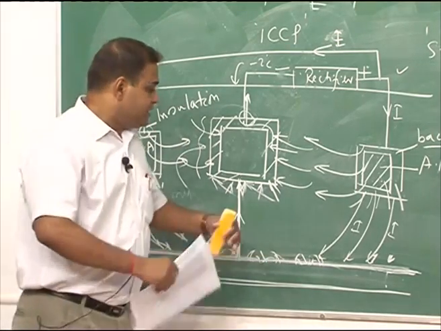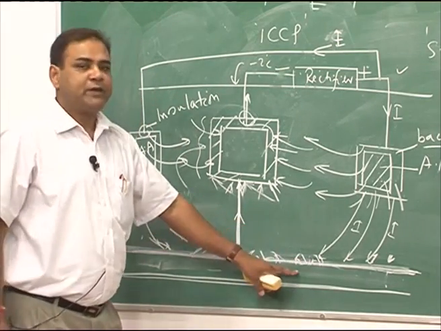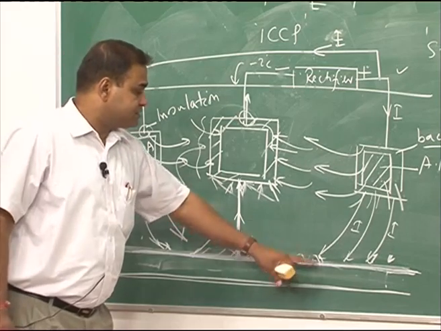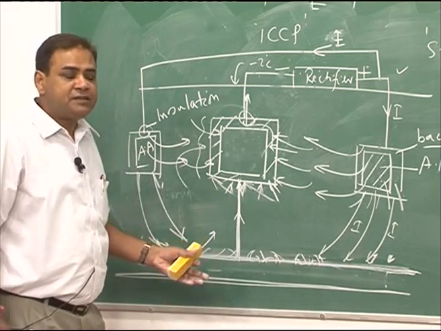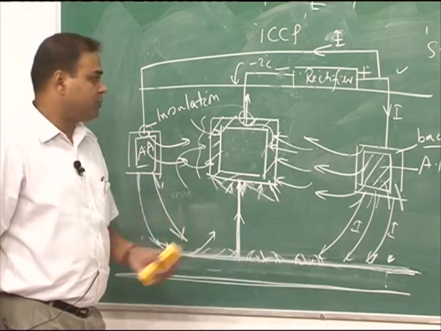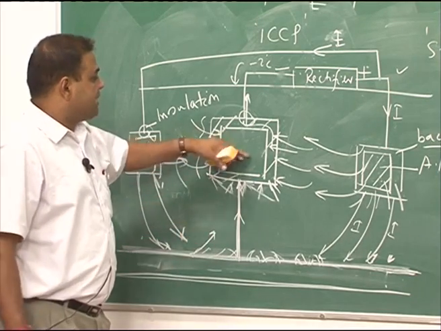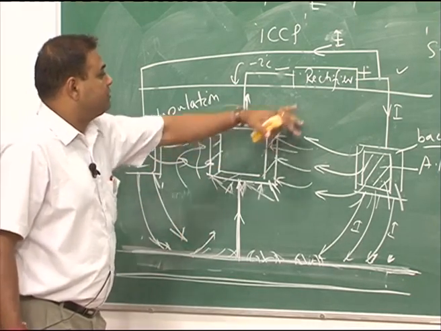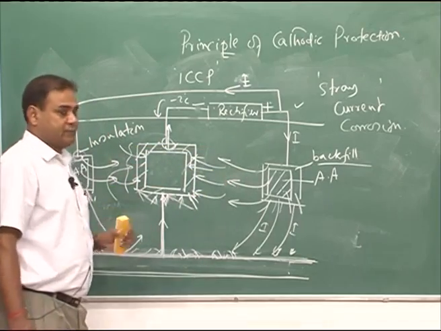Fine. The classic example of this is a pipeline, oil pipeline. There are instances that the pipeline is leaked and there is a huge oil loss because of the stray current, because another company has set one ICCP on top of this pipeline.